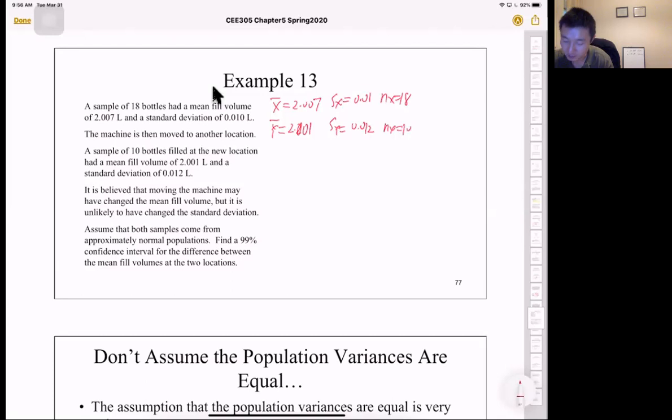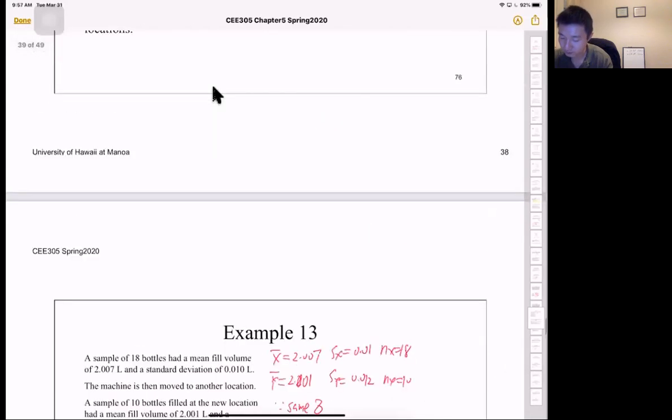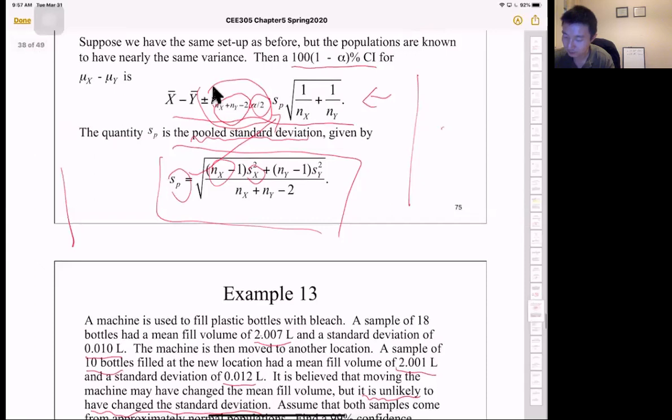Because they have the same sigma, the same variance, we use the previous slide's equation. So SP equals this.